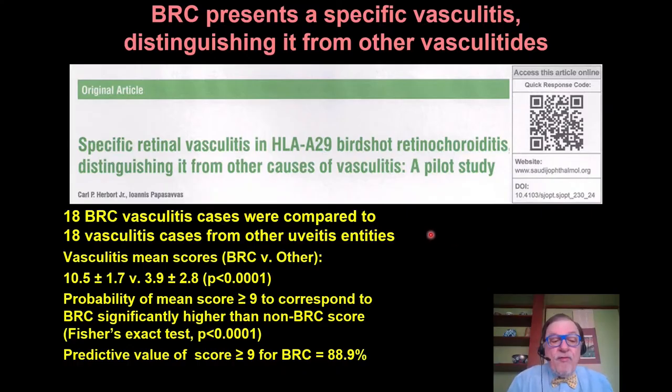Now, the mean score of the birdshot group was well over 9, 10.5, whereas the mean score of the control vasculitis group was 3.9. The probability of a score of more than 9 corresponding to birdshot was significantly higher than in the group of non-birdshot cases, and this was significant. The predictive value of a score of more than 9 for birdshot was calculated to be 88.9.